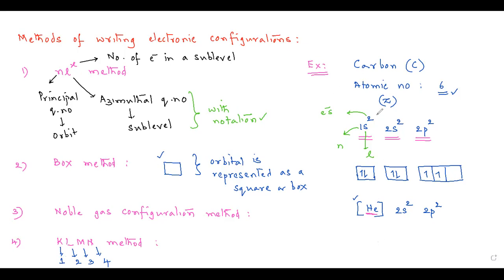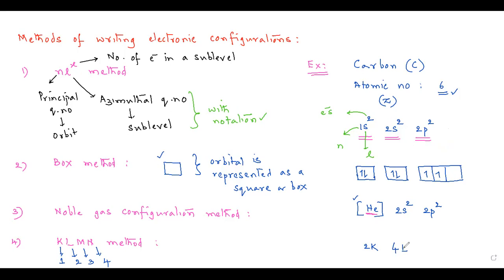You have just 2. In the first orbit or K shell, you have only 2 electrons. So let us write it this way, 2K. Now, go for all the electrons present in the second orbit. How many are there? There are 4 electrons in the second orbit, the L shell. So let me write 2K, 4L. Hope this is clear.